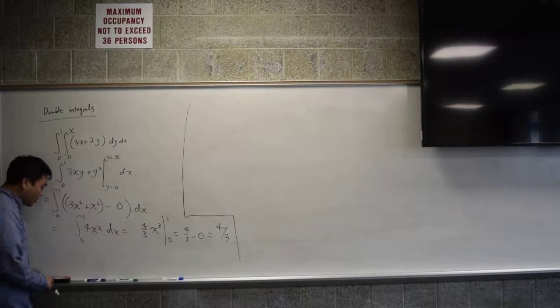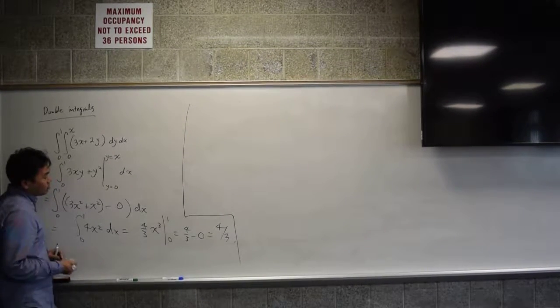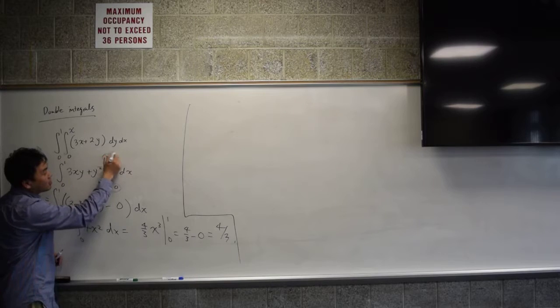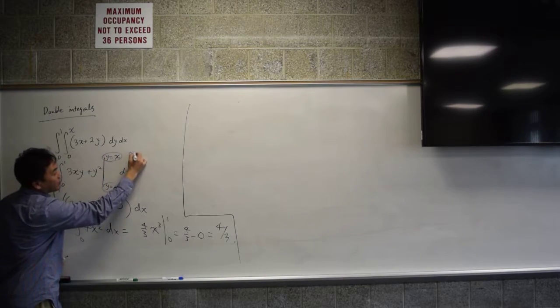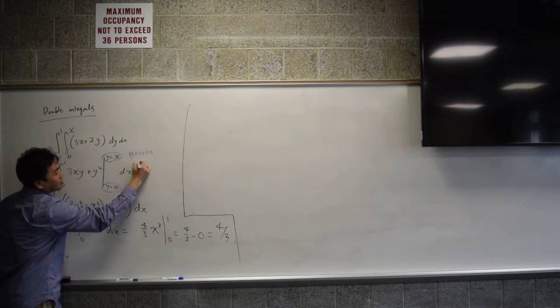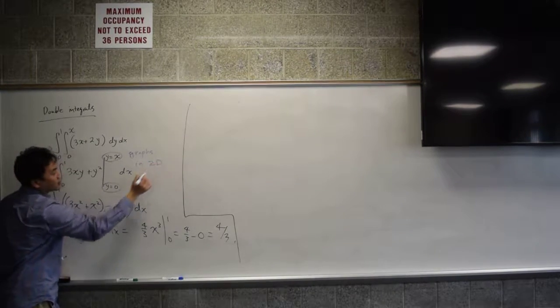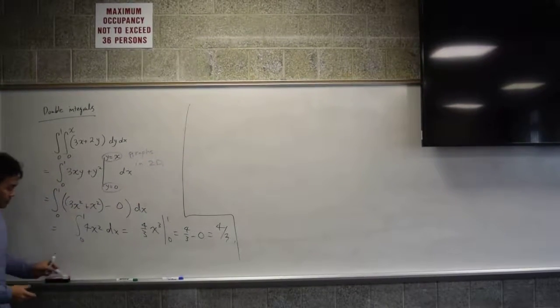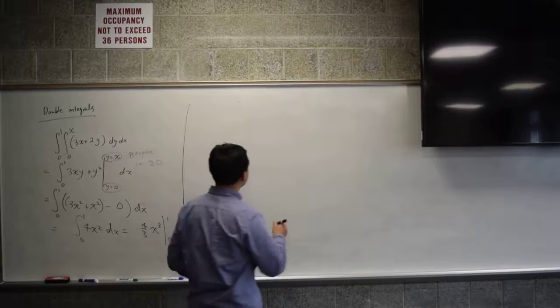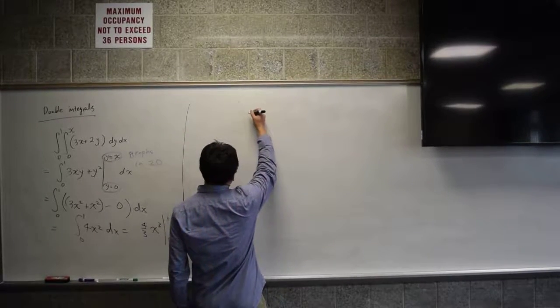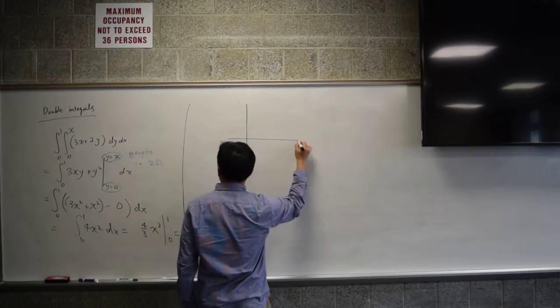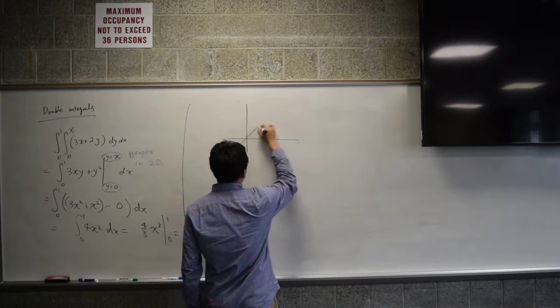And the way you should really understand it is that you should think about these as graphs in 2D, graphs in the plane. So let's think about what that means. y equal to x is this.